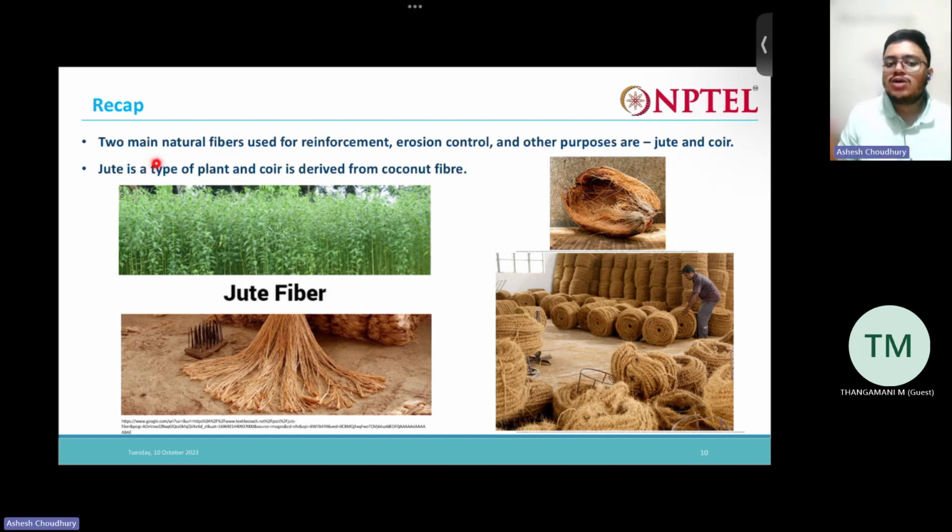Then we have coir, which is obtained from the coconut. Coir is also extensively used nowadays for ropes, coir mattresses, and many varied purposes. So we have to promote the use of these natural geosynthetic materials.